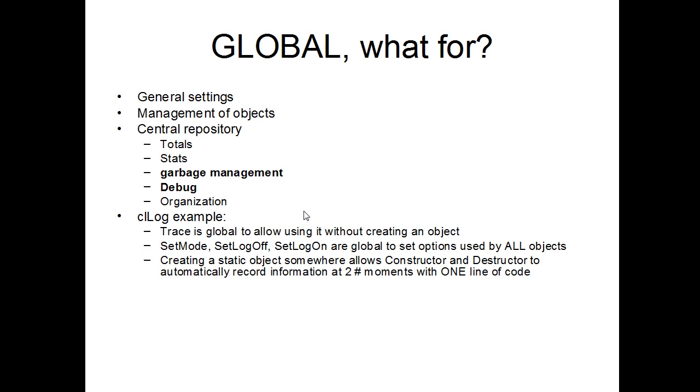So that allows you to automatically know when things are created, deleted, and all that. And that, at that point, is not a global function at all. It is creating an object. And this is an example on how you have both the power of the object and the power of the global functions inside one class.